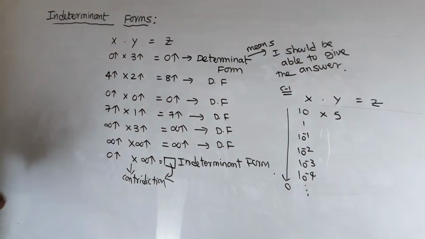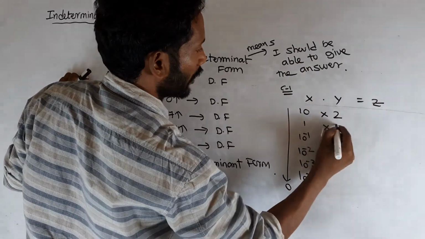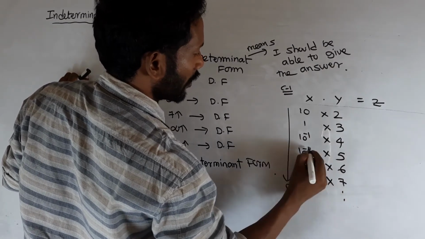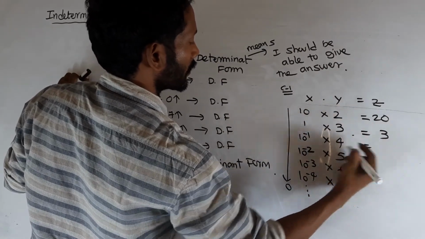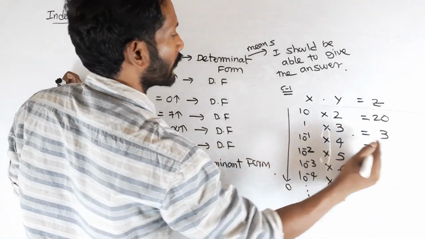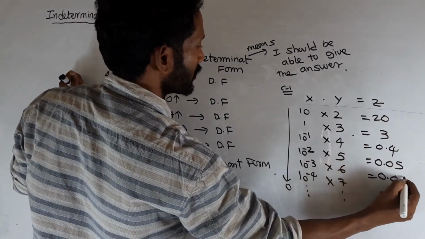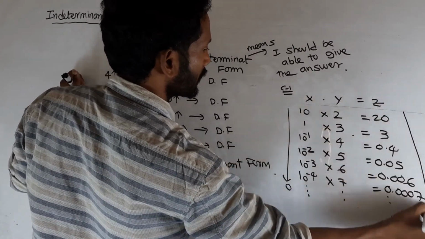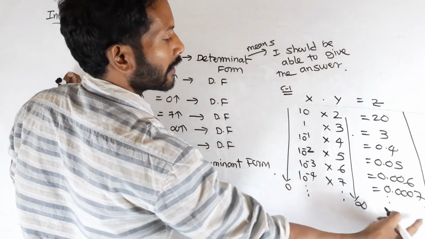Suppose the sequence is into 2, into 3, into 4, into 5, and so on. So the result is 2 into 10, 20; 3 into 1, 3; 4 into 10 power minus 1, 0.4; then 0.05, 0.006, 0.007 and so on. So x approaches 0, y approaches infinity. 0 into infinity is 0, one result. Case 1.